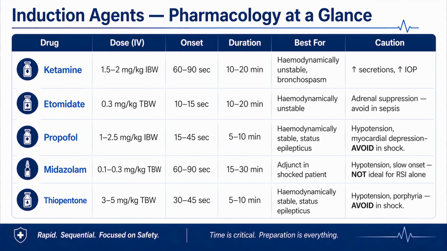If your patient is a COPD or bronchial asthma patient, you have to go for ketamine because it has a certain amount of bronchodilatory properties. Again, if you're suspecting raised intracranial pressure or raised intraocular pressure, then you better avoid ketamine. And just like that, you have this enlisted here, and each one of them has its advantages and disadvantages. So accordingly, individualize it based upon your patient.